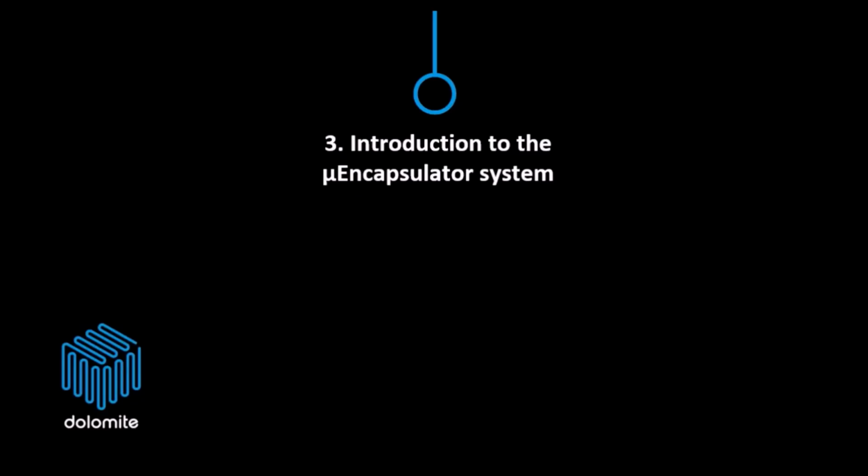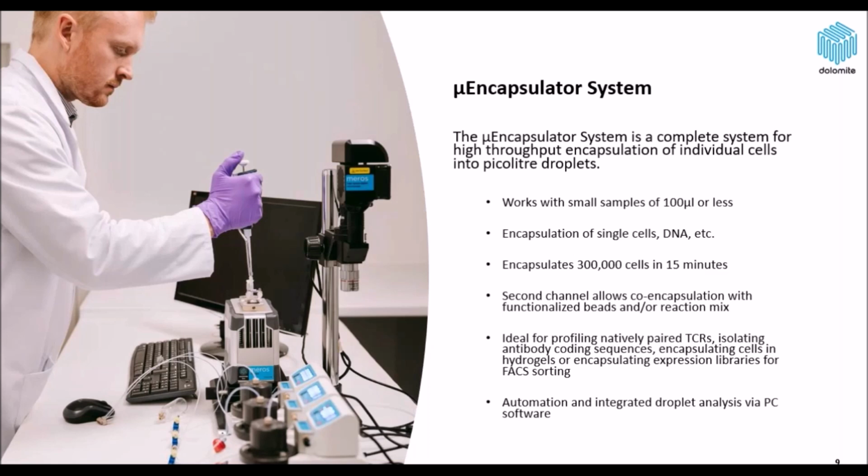So what is our microencapsulator system? Our microencapsulator system is a complete system for high throughput encapsulation of individual cells into picolitre droplets. This enables you to work with very small volumes, which is essential when you've got a rare or precious sample, and allows you to have multiple assays running one after the other.